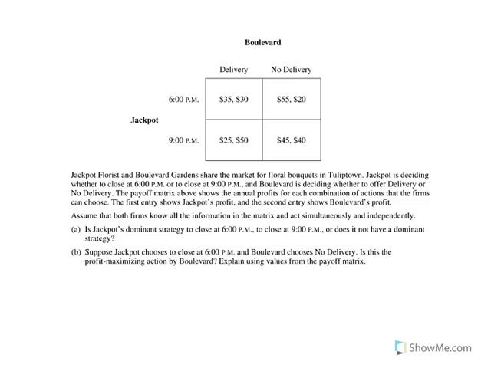I'd rather take $35, so I'm going to circle that. If Boulevard decides not to deliver, I either get 55 or 45. Again, I'd rather take 55. So for letter A, we know that in both cases Jackpot wants to close at 6, so its dominant strategy is to close at 6.